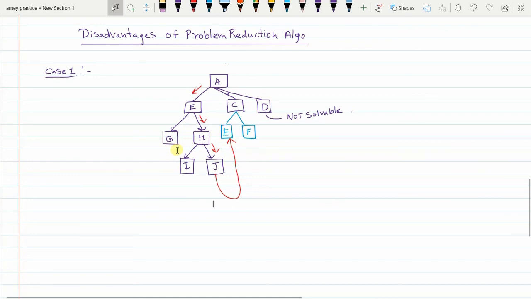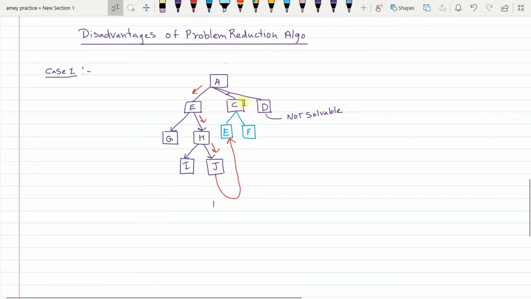Now notice that the path through C will only lead to a solution if there is a solution through D. But please note that this node D is not solvable. Since D is not solvable, if any one of the sub goals is not solvable, we say that the arc CD is also not solvable.